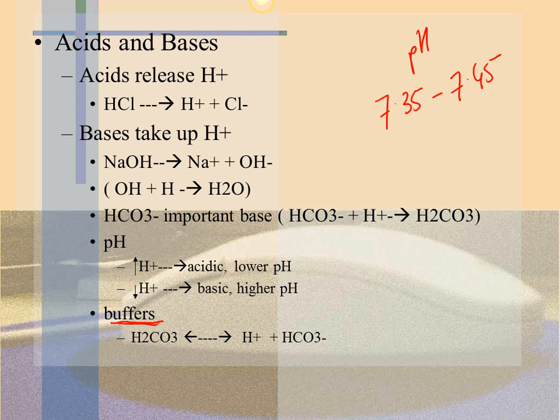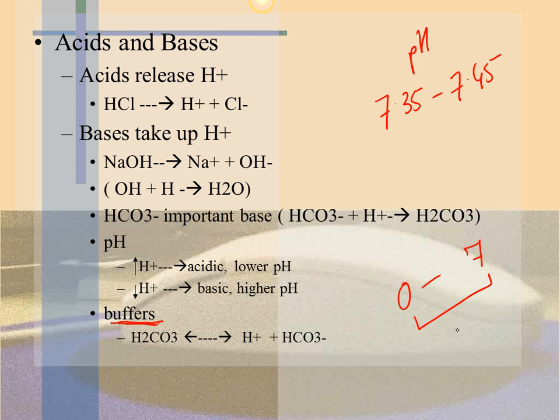So what is pH? pH relates to the number of free hydrogen ions. The more free hydrogen ions you have in your body, we say that your pH is acidic, but the pH number is low. That means from 0 to 7. This is what is acidic.